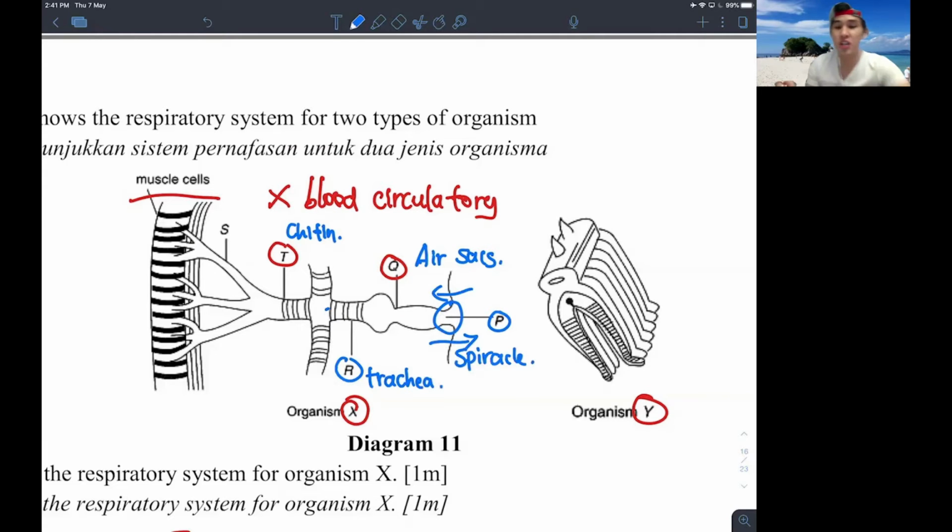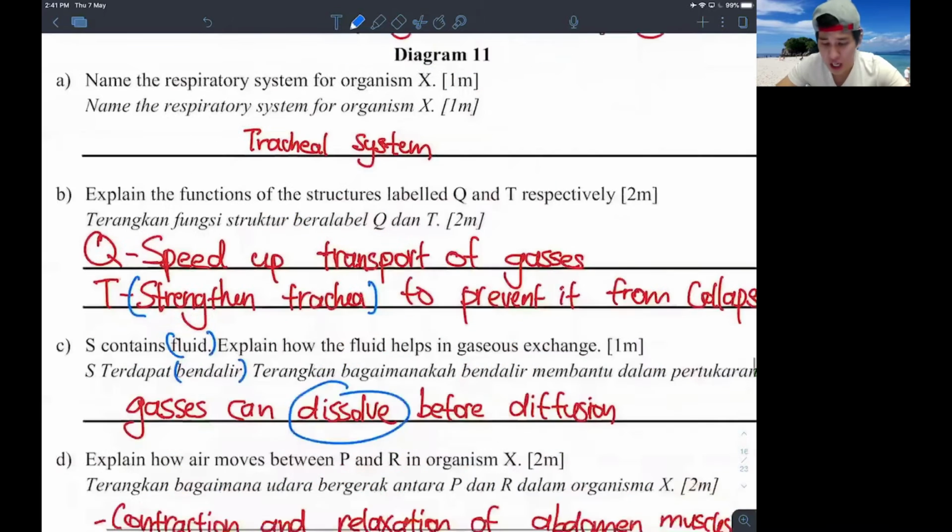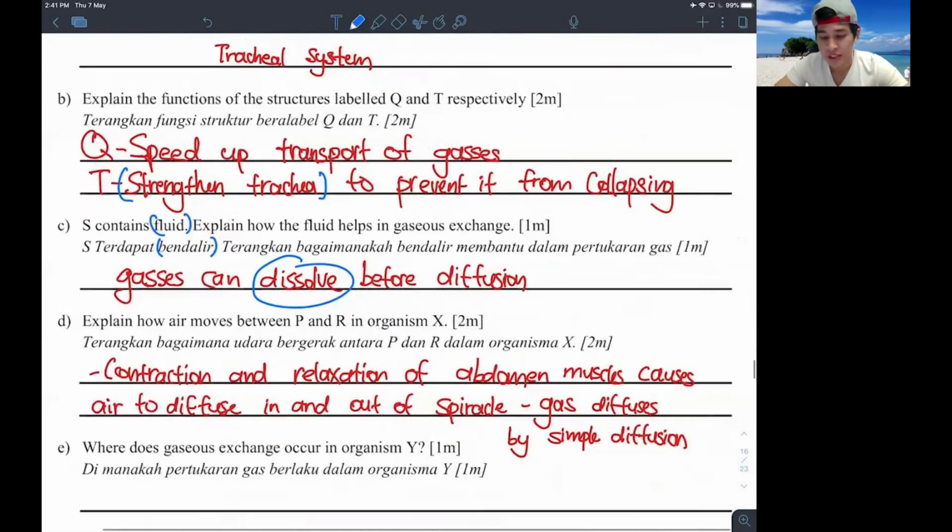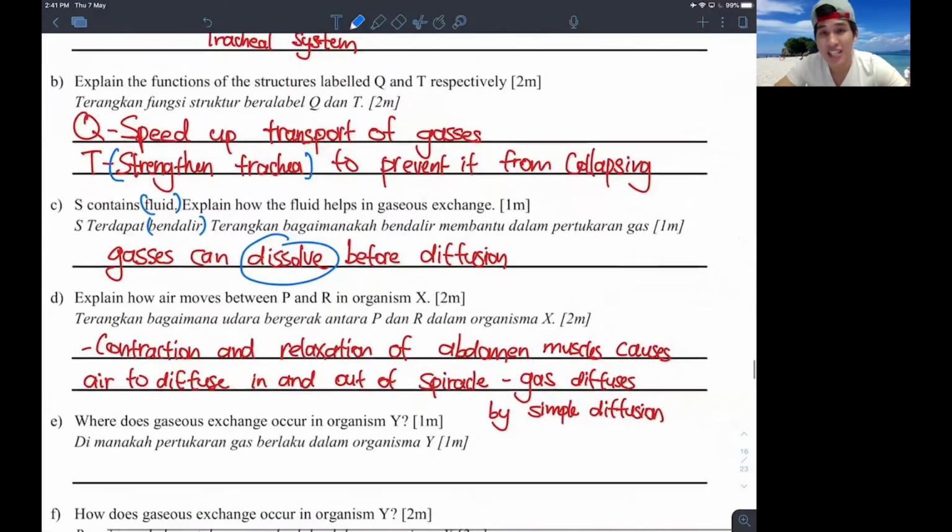We can inhale and exhale because of muscles helping you contract and relax your body so the air can move in and out. So for this question, you have to talk about the contraction and relaxation of abdomen muscles. The muscles that help in breathing of insects are called abdomen muscles.